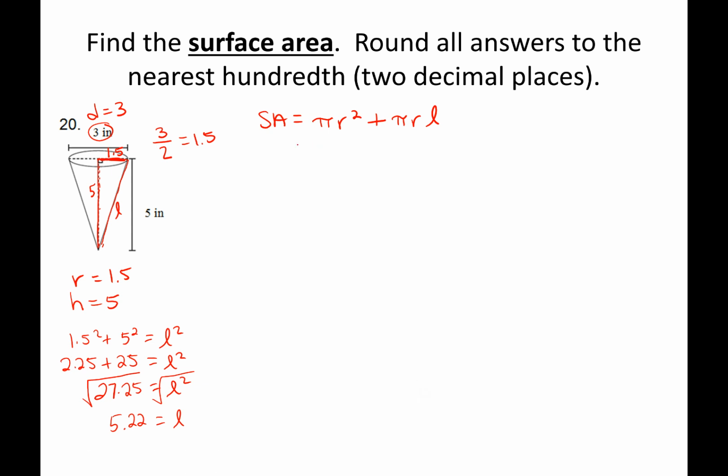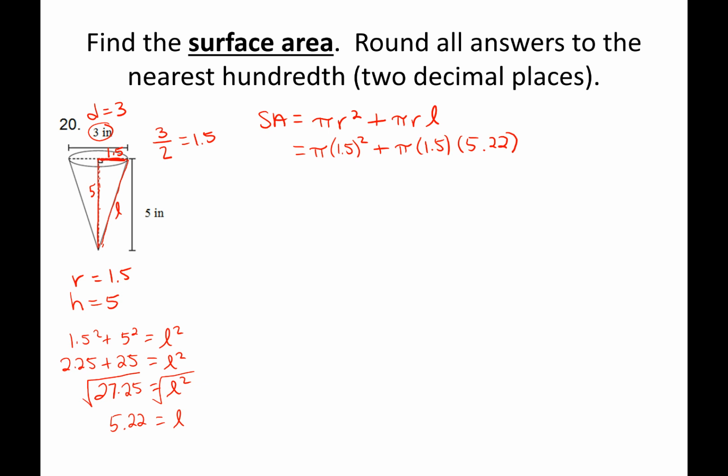So I have pi. I'm going to use my calculator for that. My radius is 1.5 squared plus pi times 1.5 times 5.22. So that's a lot to type into my calculator.